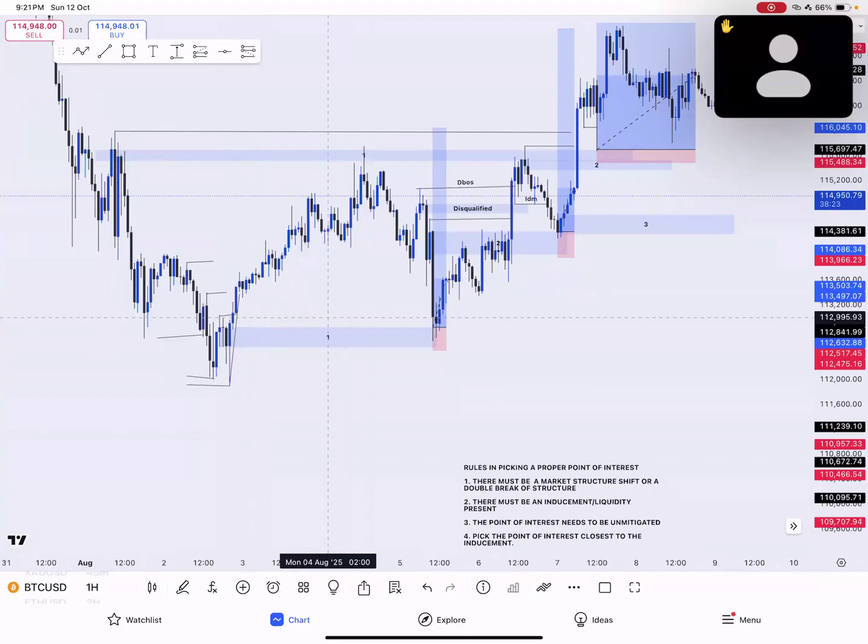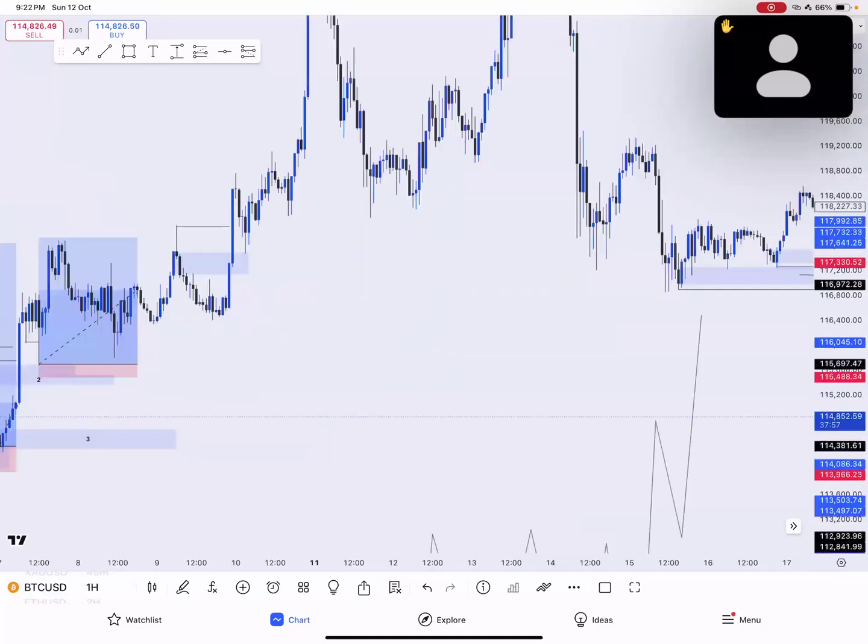Okay, so that was what got me confused, because I was looking at the bigger one. I can see the up and the down one, but this one you marked here now seems to be inside the lower one before it broke it. If I start counting, it's the same thing over and over.